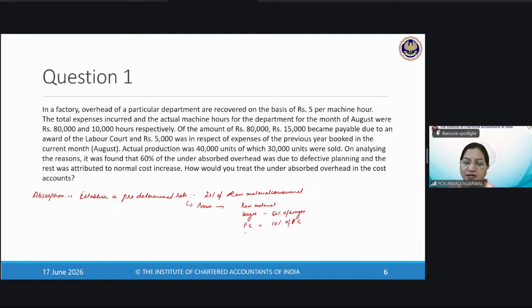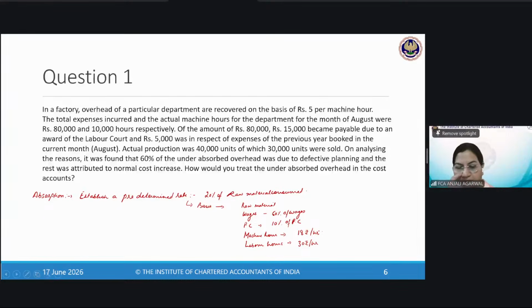It could be taken on the basis of machine hours, like for every hour the machine works, the cost is 18 rupees per hour. It could be on the basis of labor hours, that every 1 hour the labor works, it is 30 rupees per labor hour.